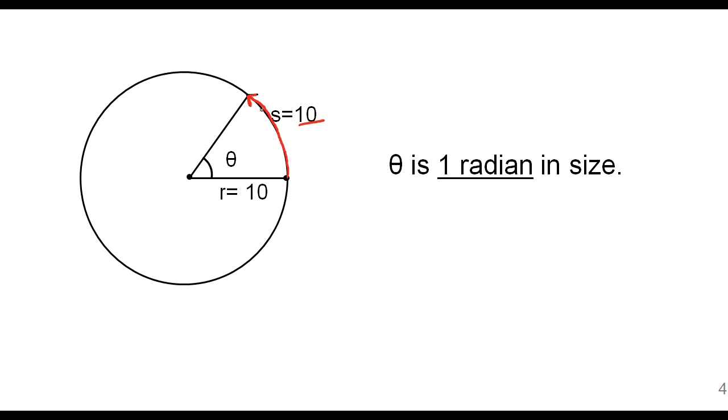This is called the arc length because it's the length of the arc. If the radius is the same as the arc length, which means if I take the radius and I lay it along the edge of the circle, the size of this angle from here to here is 1 radian.